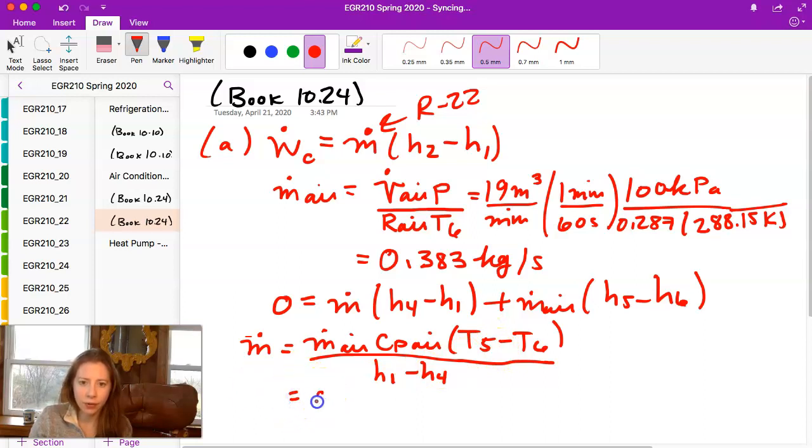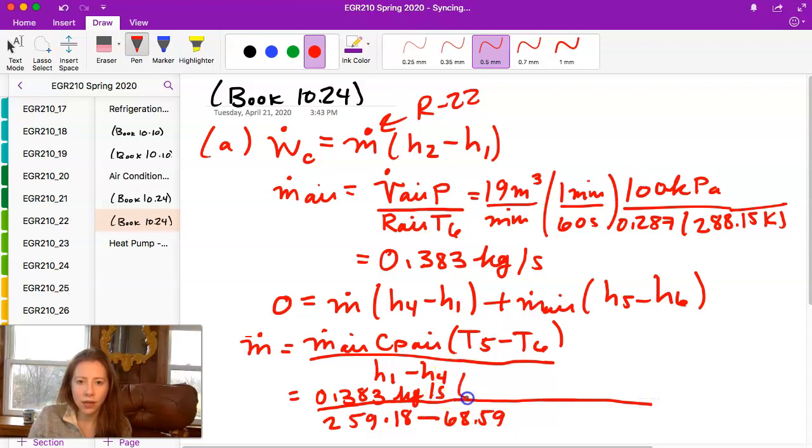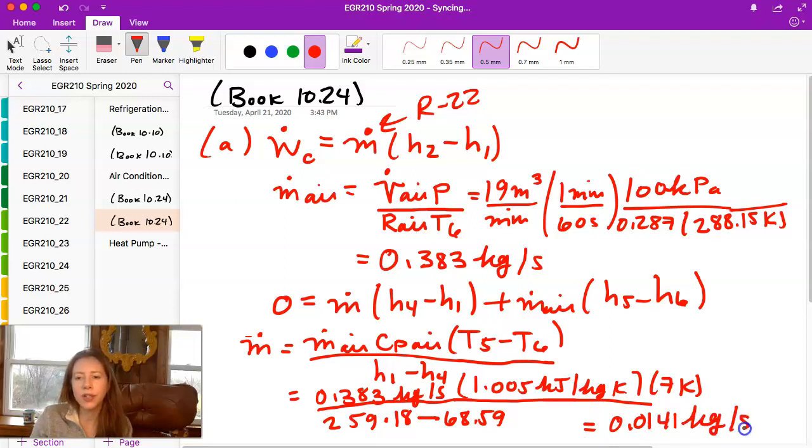So it's going to be equal to 0.383 kilograms per second divided by 259.18 minus 68.59 times CP, which is 1.005 kilojoules per kilogram Kelvin, times delta T, which is 7 Kelvin, and we get a mass flow rate of 0.0141 kilograms per second.